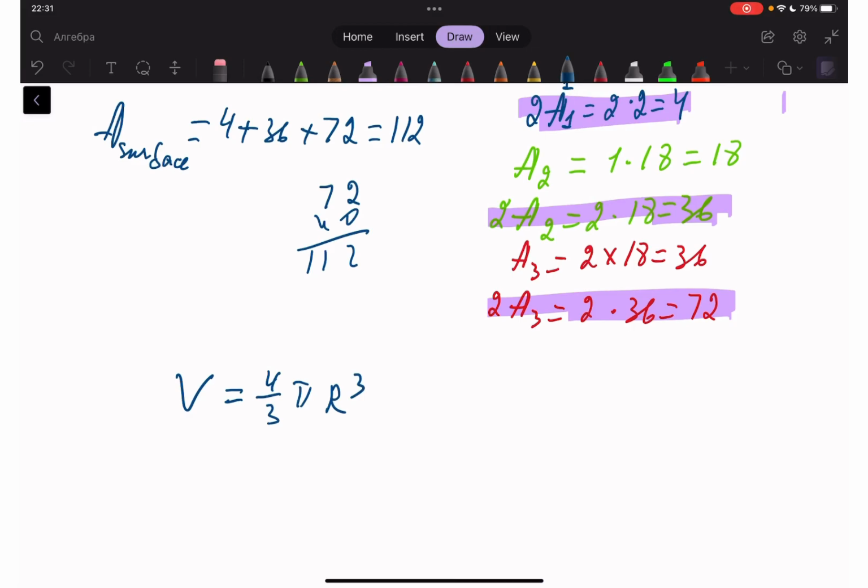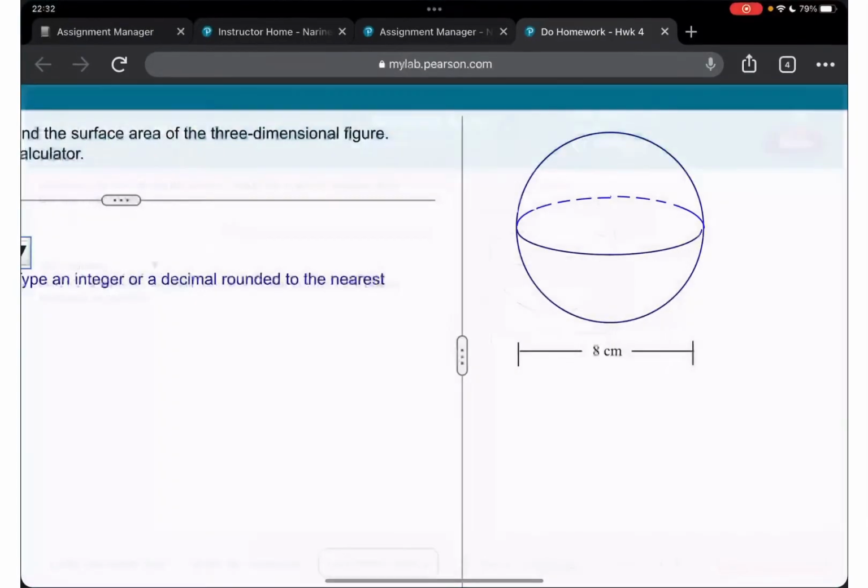Okay? So, which is going to be 4 over 3 times pi. It's going to be 3.14, because pi in math is 3.14 and blah, blah, blah, whole 9 yards. But we are going to use only 3.14. And r cubed, radius, let's find out how much is our radius here.